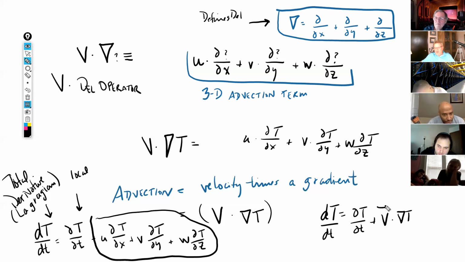In specific notation, these are vectors, but we aren't going to worry about that quite yet. What we're saying is that the total derivative is what's happening locally plus the advection. This is your three-dimensional advection term.